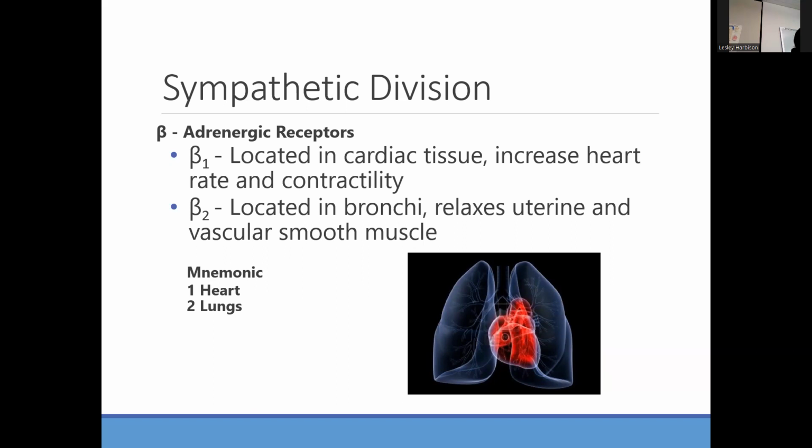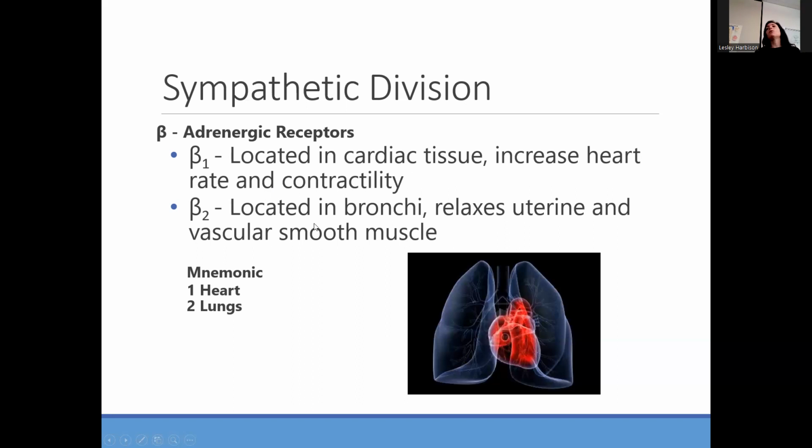Beta 2, a lot of the receptors work on the lungs. You have 2 lungs. Beta 1, heart. Beta 2, lungs. One heart, two lungs. It's kind of an easy mnemonic to help you. Beta 1 located in cardiac tissue increases heart rate and contractility.